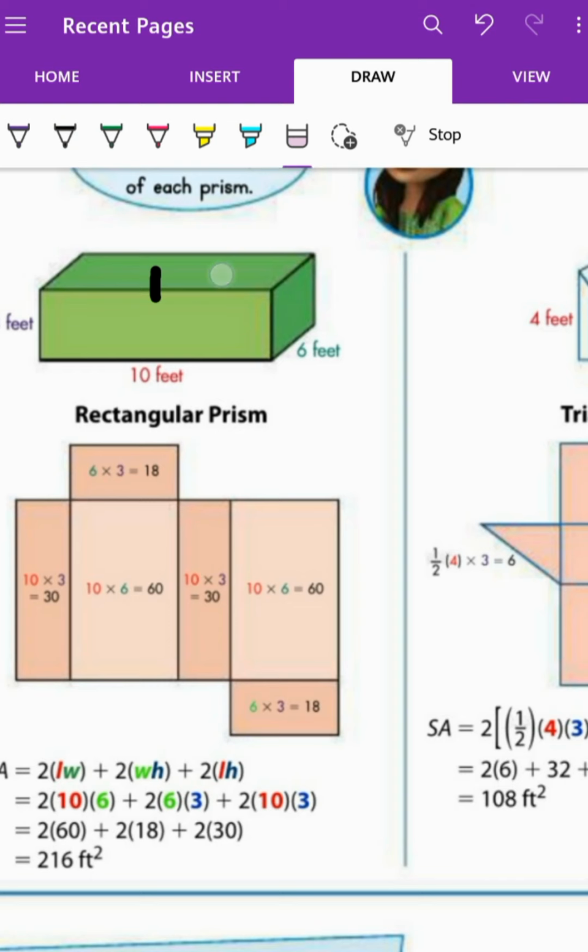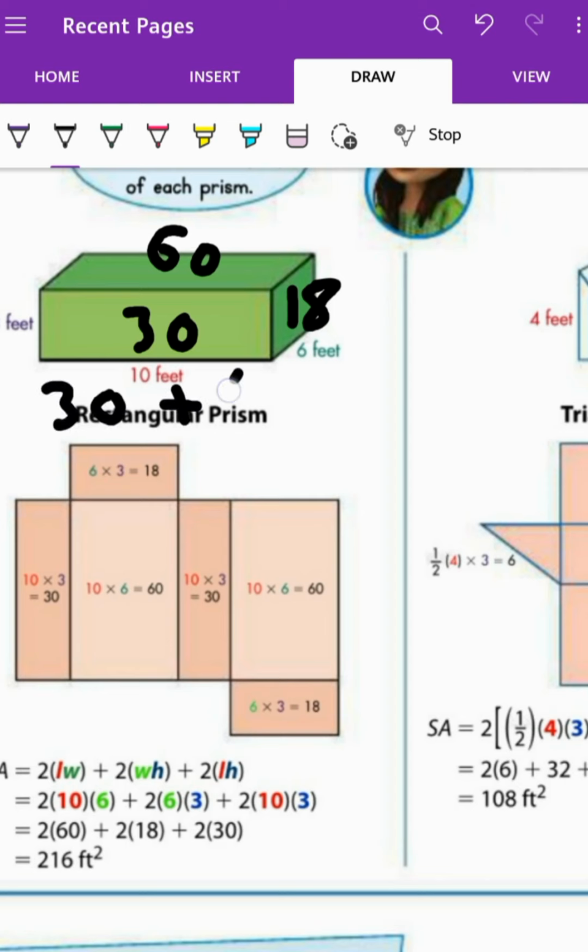6 by 10 equals 60. So this is 60, and this is 30, and this is 18. Add them all. The 3 rectangles you can see: 30 plus 60 plus 18.